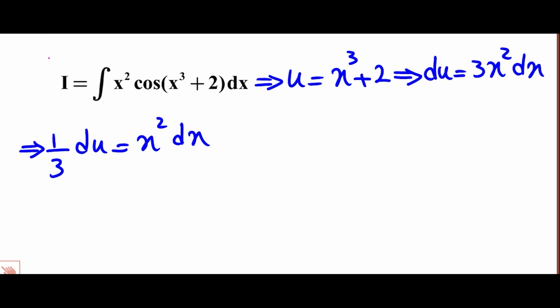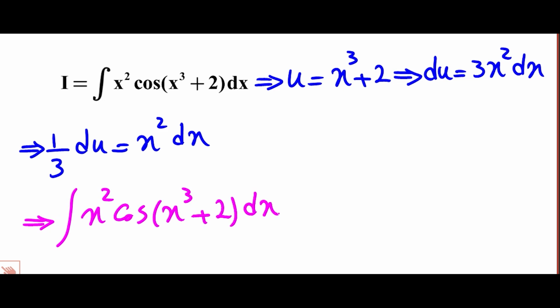So the integral of x squared cosine of x cubed plus 2 dx, with x squared dx equals 1 over 3 du, and x cubed plus 2 equals u, becomes the integral of cosine of u times 1 over 3 du, right?